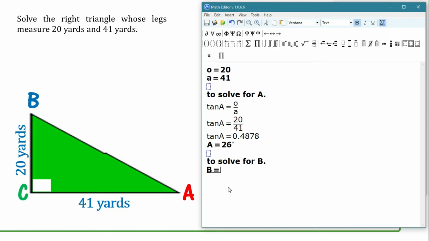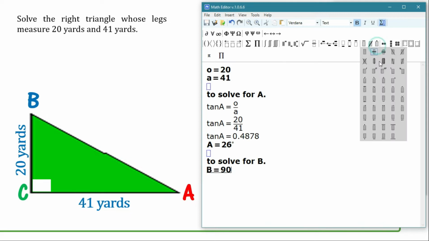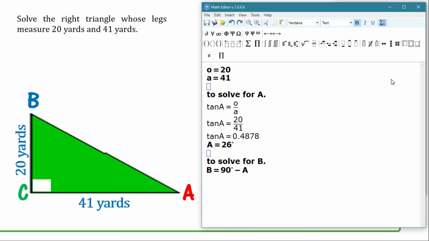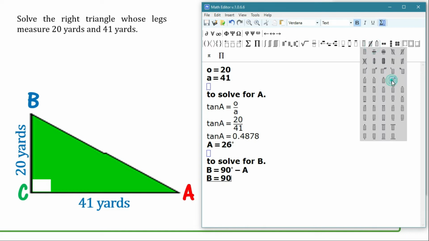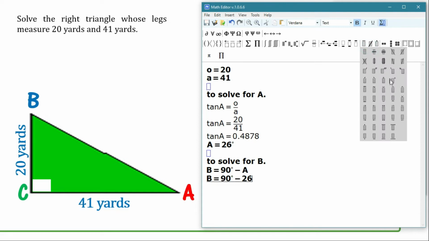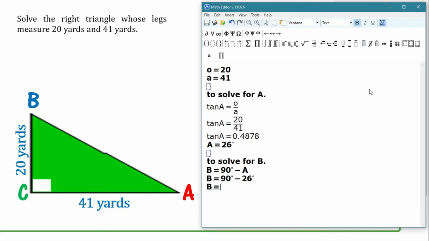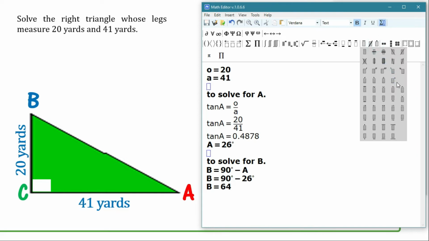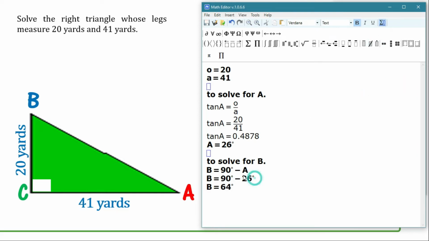So, angle B would be equivalent to 90 degrees minus angle A. And we all know, na-solve na natin kanina, that angle A measures 26 degrees. And that will yield to angle B equivalent to 64 degrees. So that's going to be the measure of angle B.